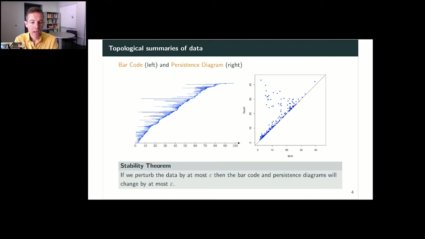And one of the fundamental results of this subject is that this construction is stable. So under appropriate choices of metrics, if we perturb the data by some amount epsilon, then the barcode and persistence diagrams will also only be perturbed by epsilon.